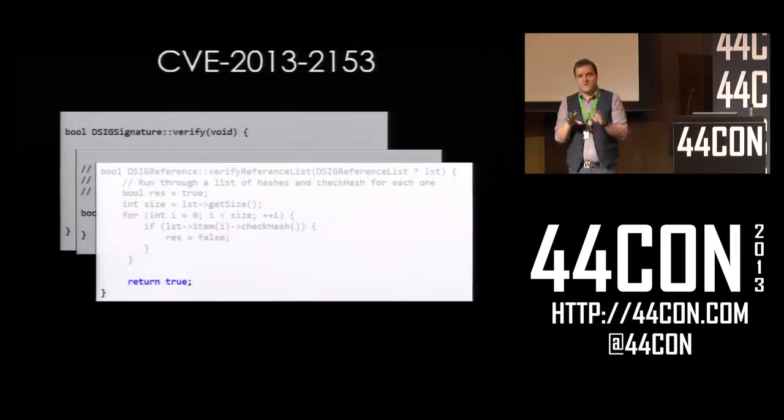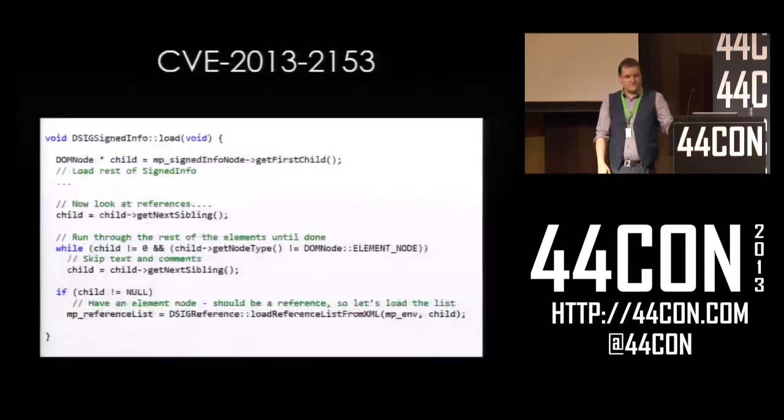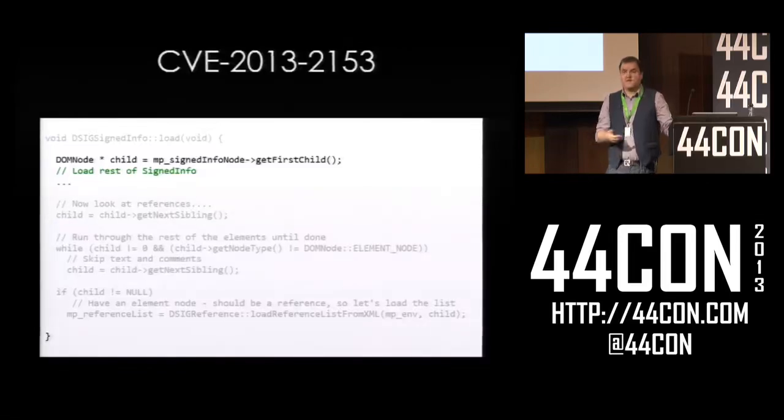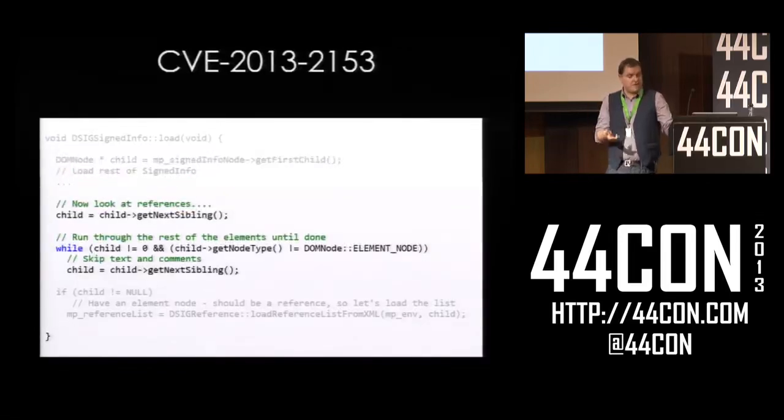So if you can construct a signature with an empty reference list, and why you would have such a thing, I don't know, because you're effectively signing nothing other than the signature itself, fairly pointless, you could potentially get a signature bypass. If you look at the code of how it constructs that list, it's, again, fairly simple. It's iterating through the signed info block, going to each child.